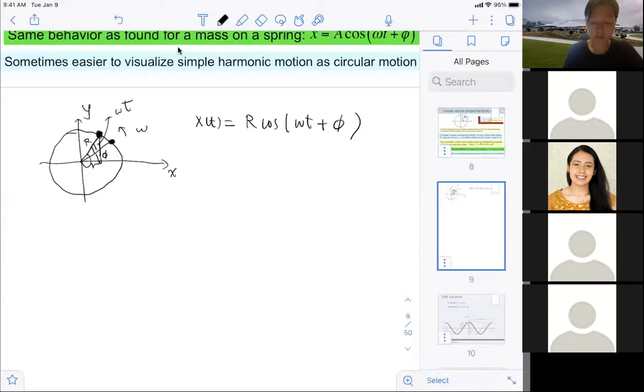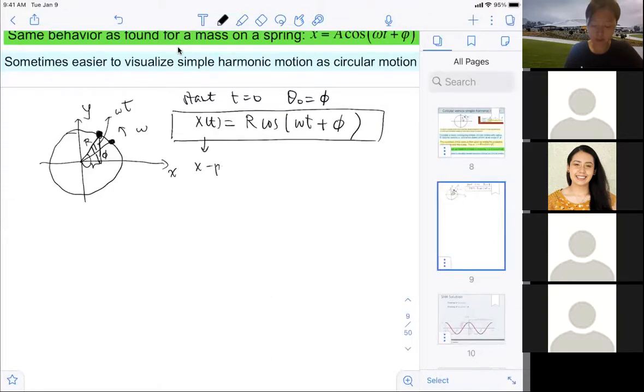You can see this is exactly the same format as our simple harmonic oscillation. Okay, so if we start with t equals 0, theta is equal to phi. This is our initial condition. And then we have this equation to describe the x position or x coordinate of the object, of the little dot that is doing a circular motion.